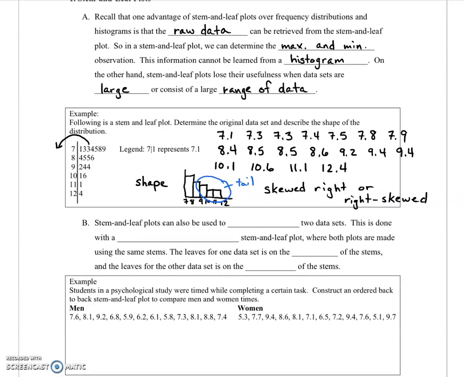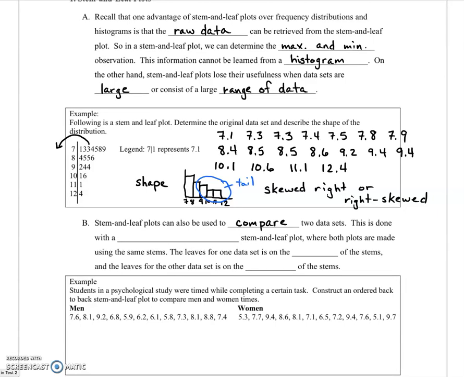Okay, so a little bit more about stem and leaf plots. They can also be used to compare two data sets. And we did that in the extra practice problem I did in the last video that I corrected at the beginning of this video.